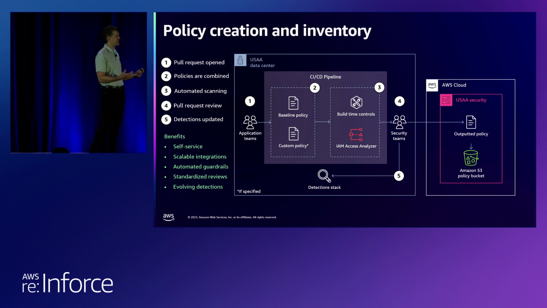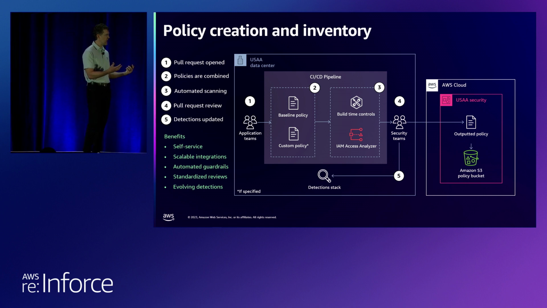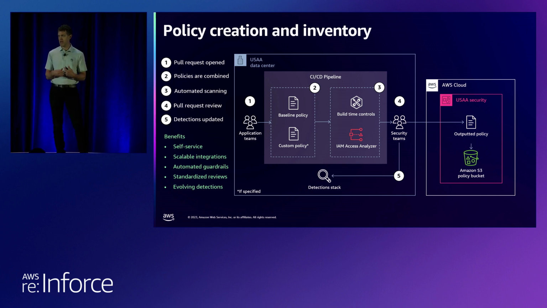So it really helps standardize a lot of our processes we have. When approved, that policy is outputted to S3, and that S3 bucket serves as the source of truth for all of our endpoint policies. And finally, once an access pattern is approved, we can take that new pattern and update our detection stack. And it really allows us to evolve our detections as the requirements of the business change.